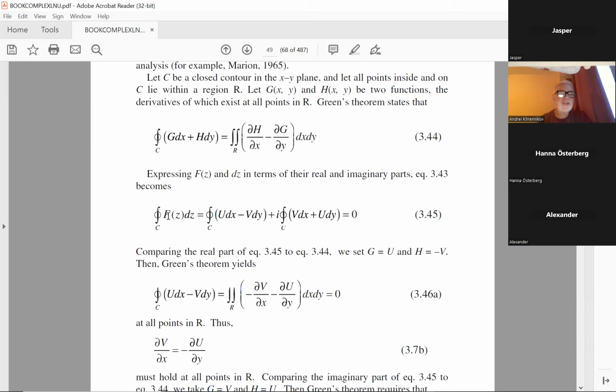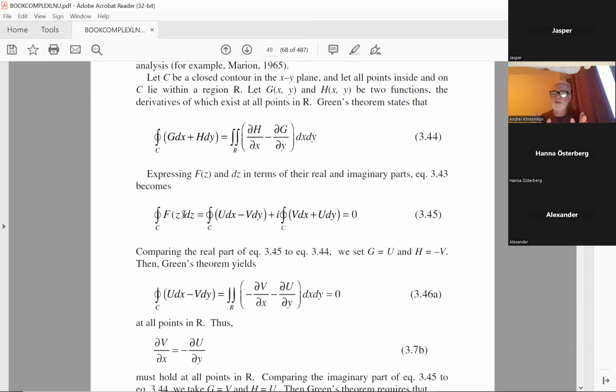Now we know what F(z) is, so it can be represented as u dx minus v dy, and plus the imaginary part. Suppose now we don't know that this function is analytic.